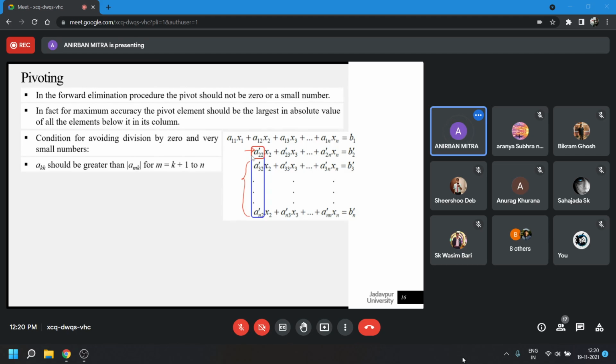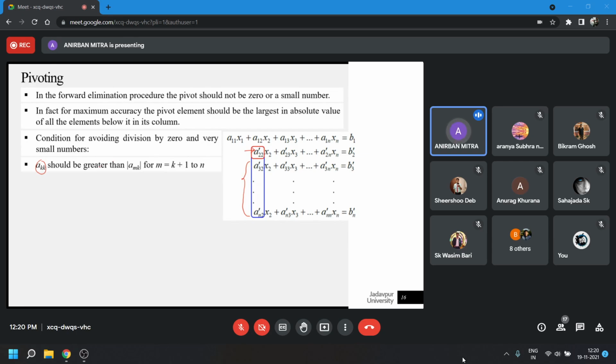So in terms of an algorithm, the condition for avoiding division by zero and very small numbers is that this akk, in this case this a22 dash, should be greater than all of the other coefficients which are below it in this column.